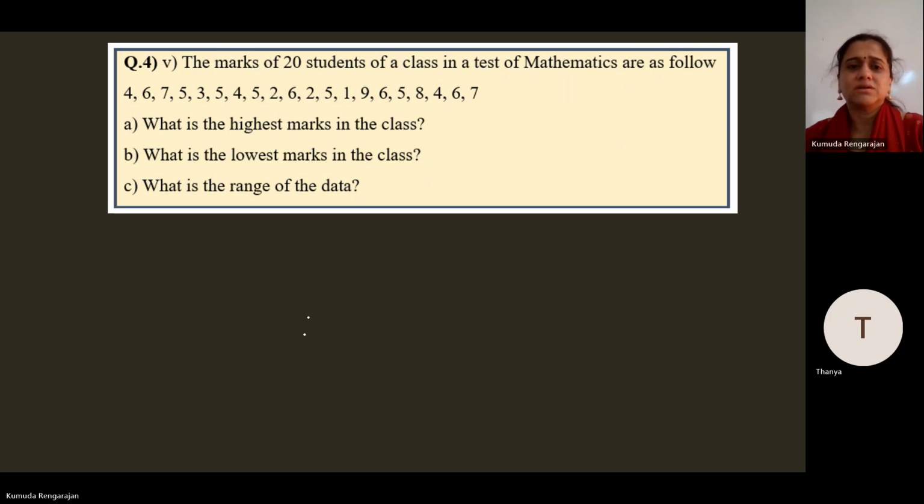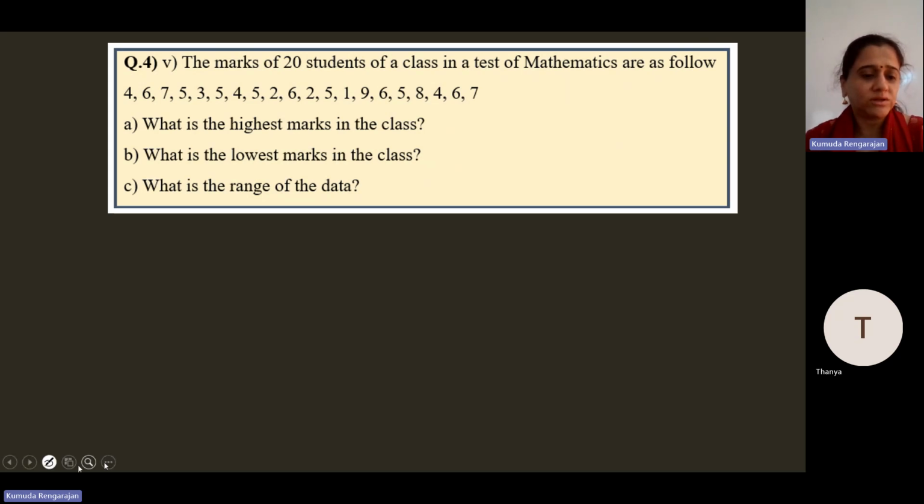Same thing here. The marks of 20 students of a class in a test of mathematics are as follows. So you can see the marks of 20 students, out of how much is not given. So you don't have to worry about that. So you can see 20 numbers there. Okay, so 20 students, each one's score you can see.